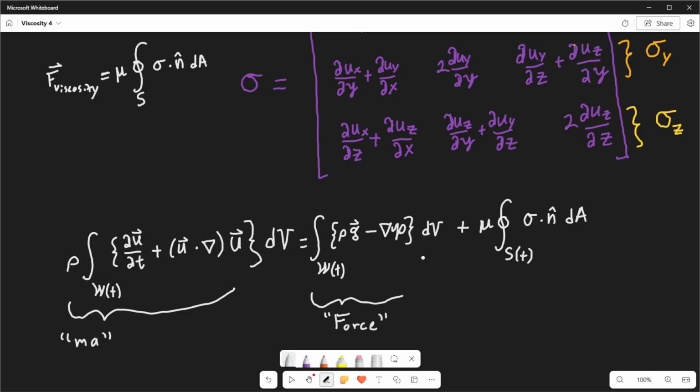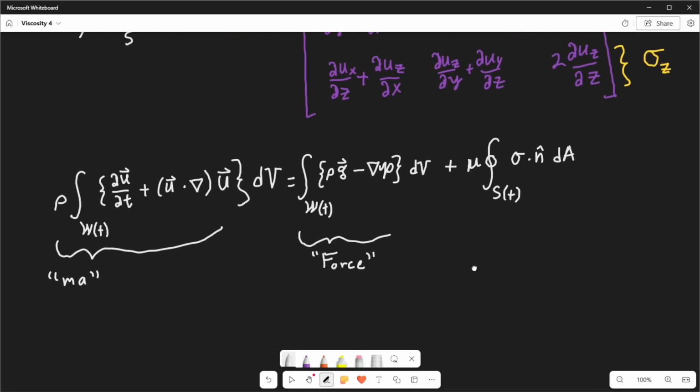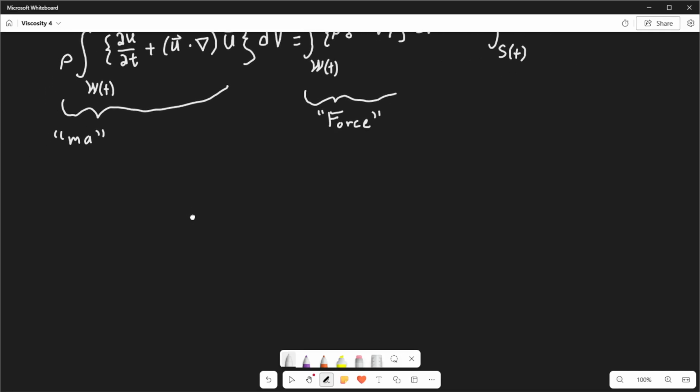However, this can be simplified further, and the way to simplify it is to turn the surface integral into a volume integral. So the next step is to go through several steps that lead to simplification.